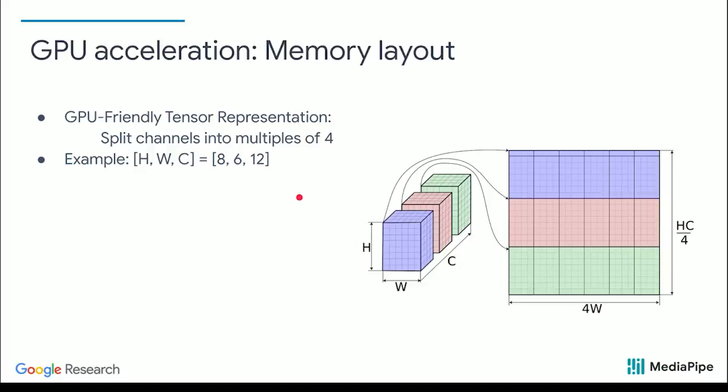For GPU acceleration, there are two interesting building blocks. The number one is a GPU-friendly tensor representation or memory layout. What we do is we divide the channel dimension into multiples of 4, and we use an interleaved storage format for that, so we can use swizzling techniques for XYZW lookup in our shaders.